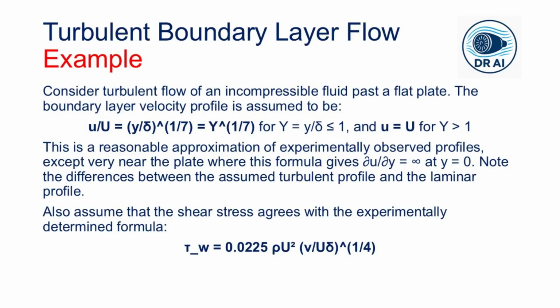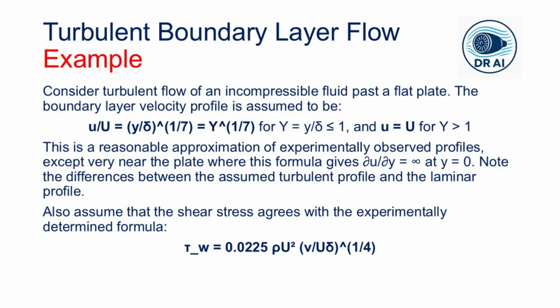Now, in this particular example problem, it assumes a 1/7th power law velocity profile. This approximates the experimental profiles well, except very near the wall where it gives an infinite velocity gradient, a limitation but acceptable for integral methods.